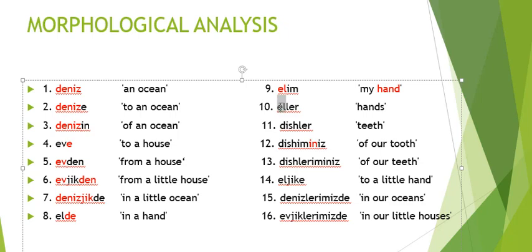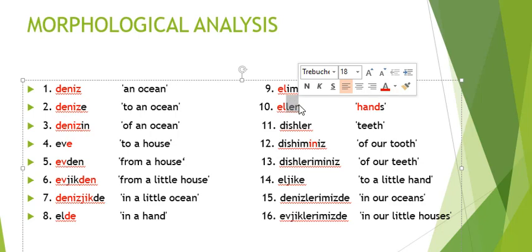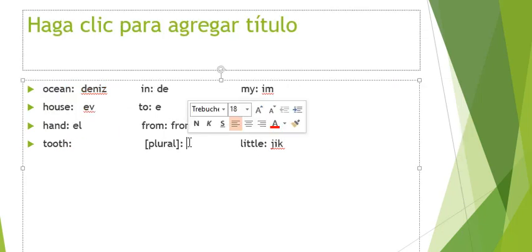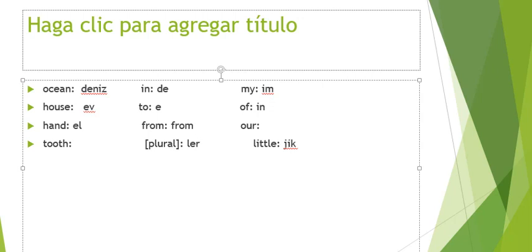You are going to color this el here because el represents hand. One hand, singular. So that means that the plural marker in Turkish is ler. Ler is a plural marker in Turkish. So the plural, you are going to write here ler. All the words that contain that morpheme, ler, indicate that the word is in plural.